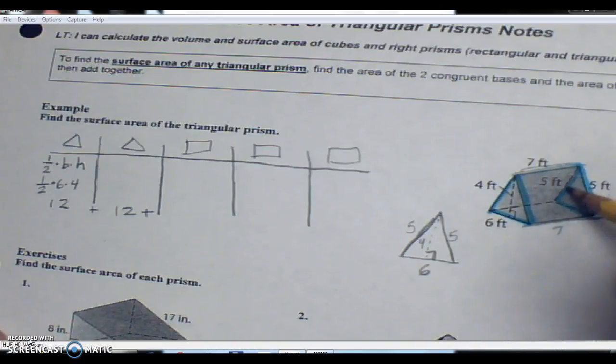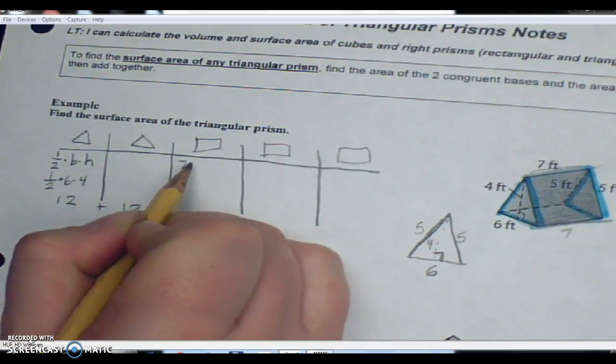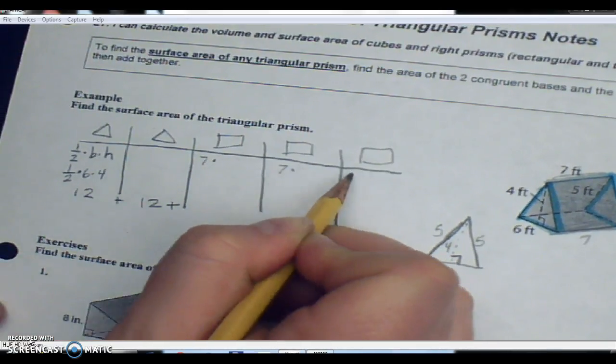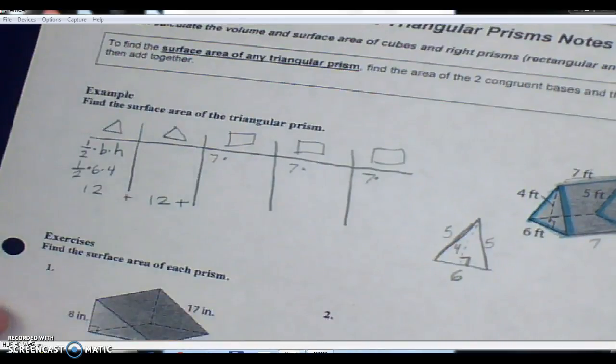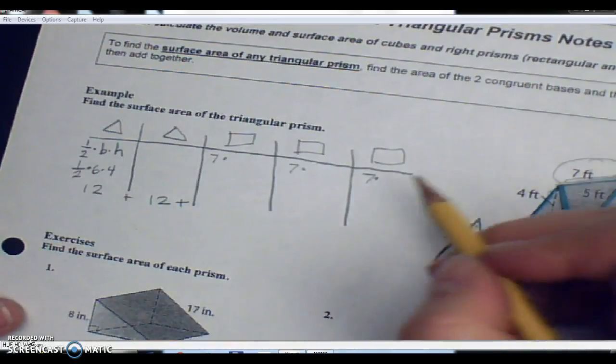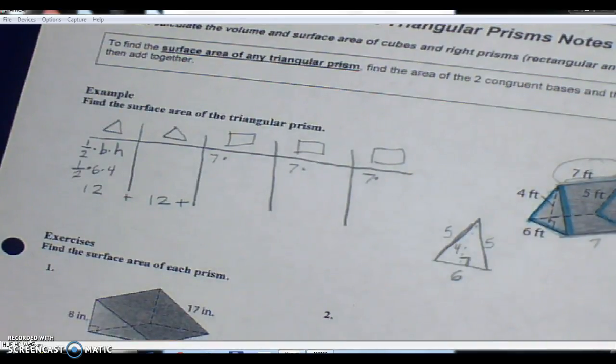I have a 7 by 5 rectangle on the back side. And then the bottom rectangle is 7 by 6. So if you'll notice, they all have a 7 as the length. So I'm going to go up here and write 7 times on each of them because I know 7, the height of the prism, is on each and every one of those rectangles.